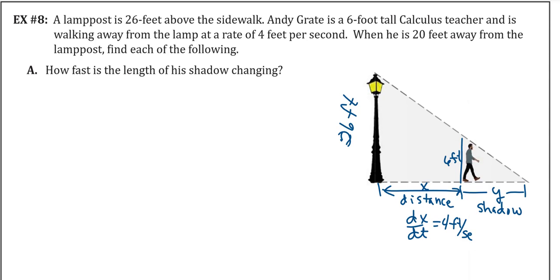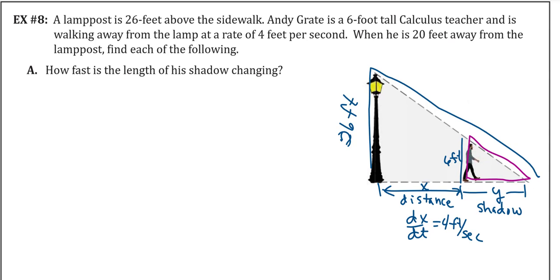So what I don't know is his rate of change of his shadow. That's going to be what we're finding here. So we have to use similar triangles. We have 2 triangles here. We have the big one made with the lamppost down to the edge of his shadow and back. And then we have the smaller one made with his height down to his shadow and back.